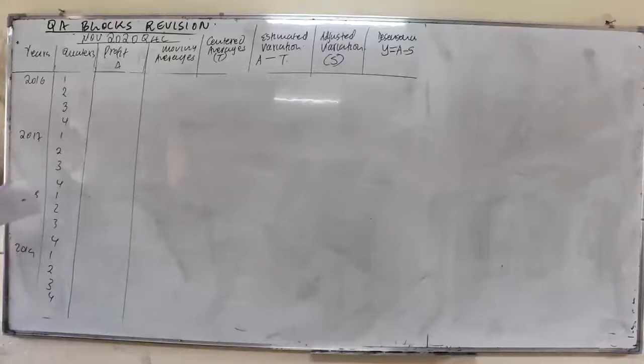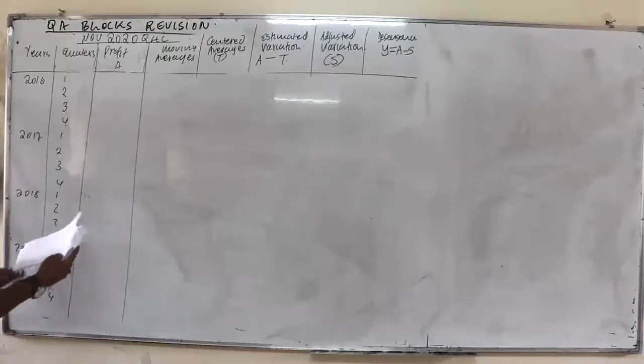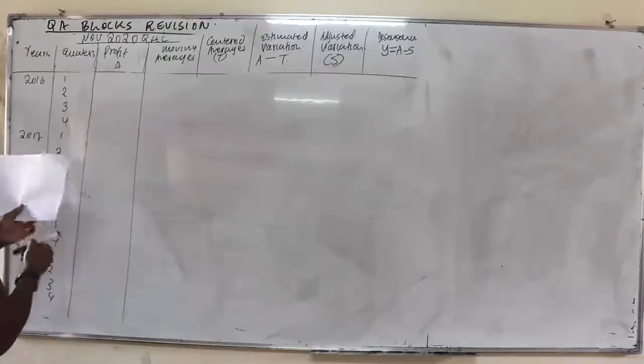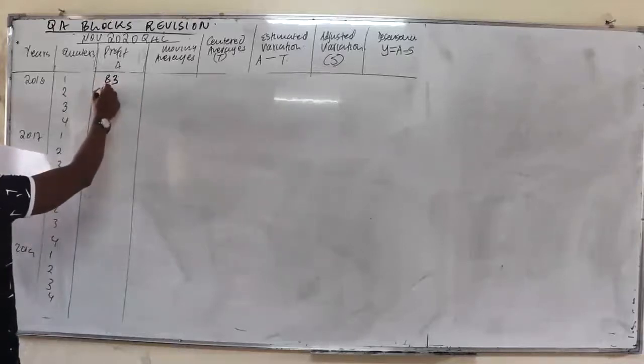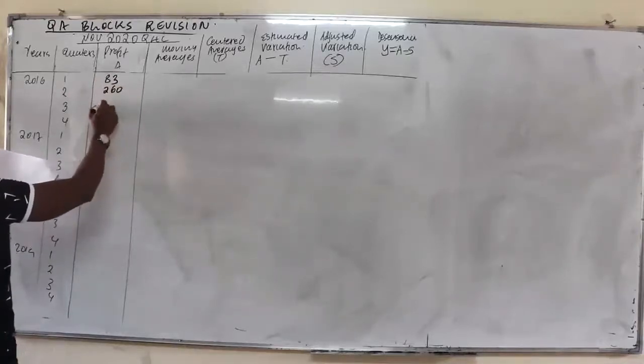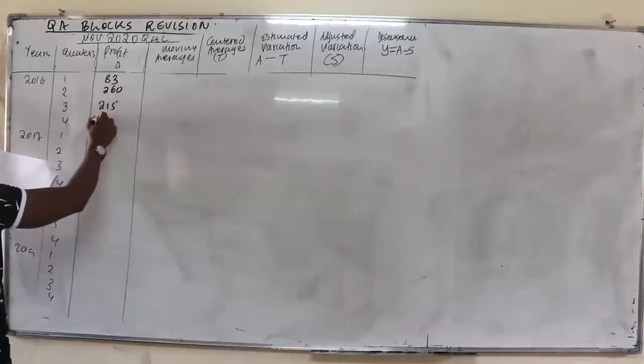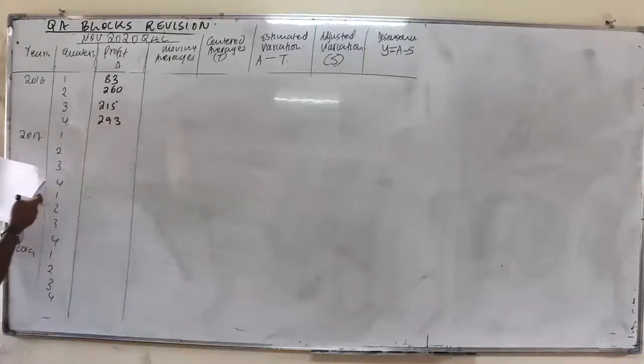So 2016 quarter 1, we have what? We have 83. We have 260, 215, 293.